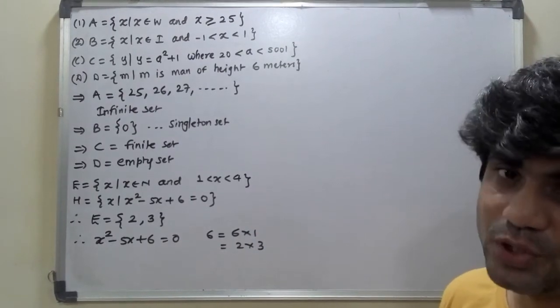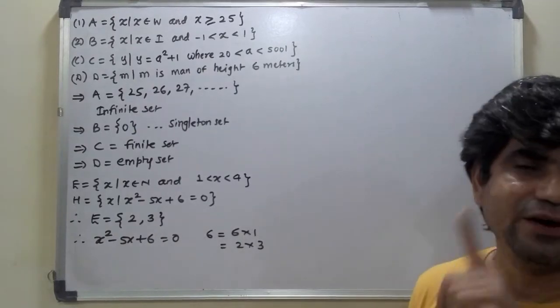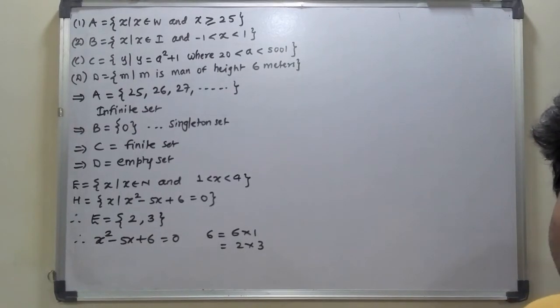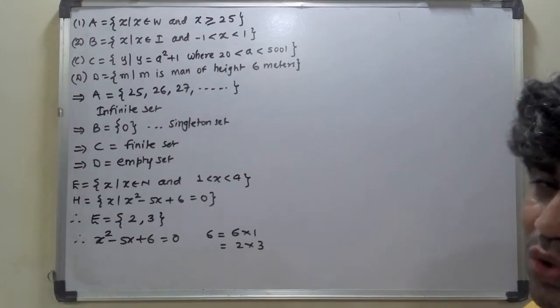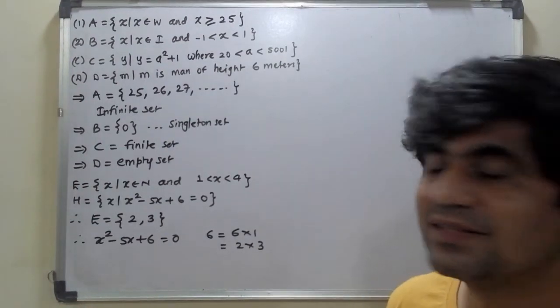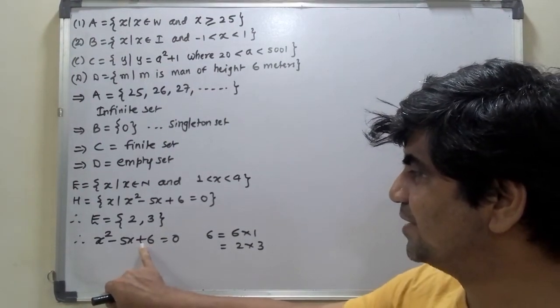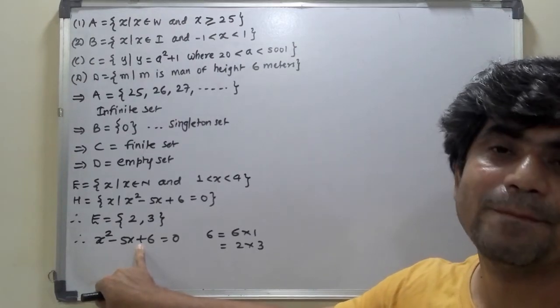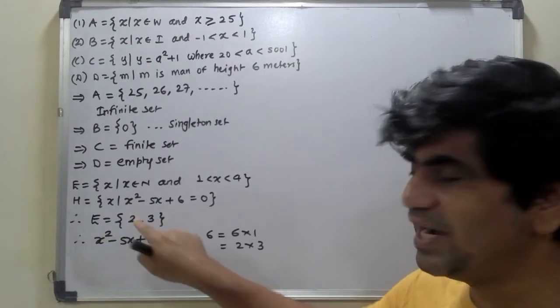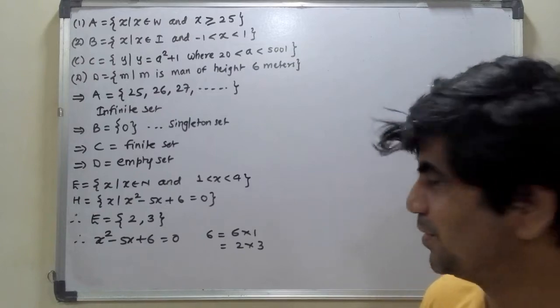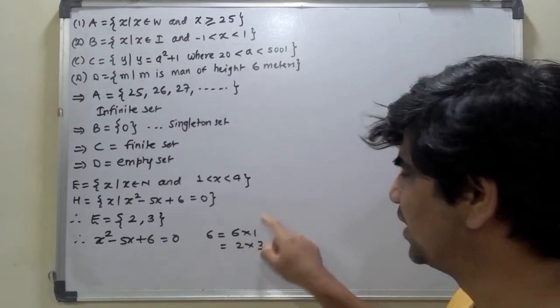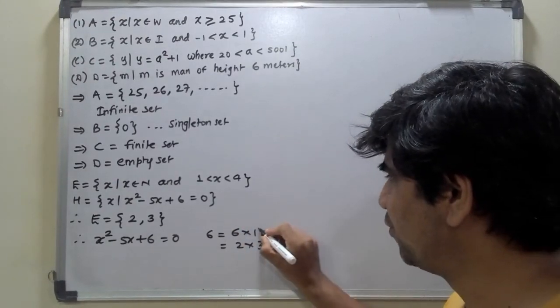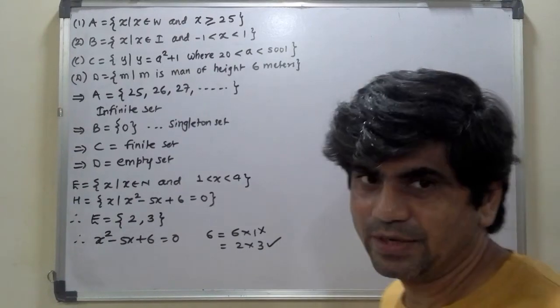Means I must come to know whether I have to add or I have to subtract. How will I come to know? See the sign of this 6. What is that? Plus. So this will tell you to add. So add it, 6 plus 1, 7. So this factor is of no use. This is the selected one.